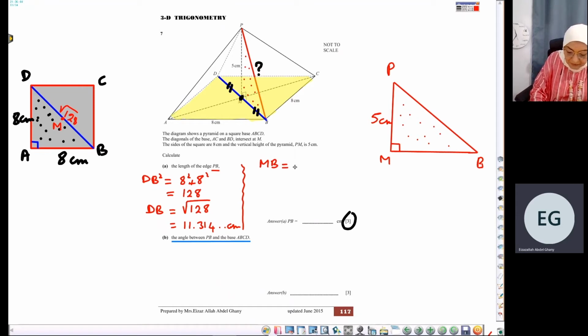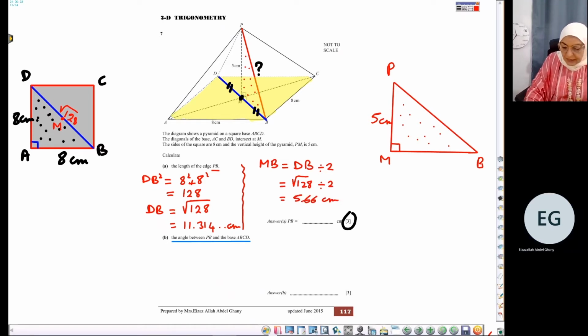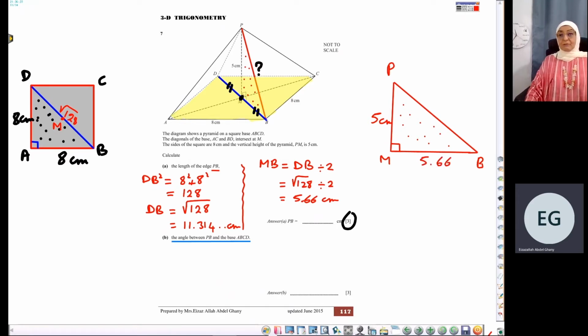MB is DB divided by 2, which is, you have the answer on your calculator now, divided by 2. It will be 5.66 centimeters. I should write all my information on the diagram. But take care, these values are rounded. They are not exact.